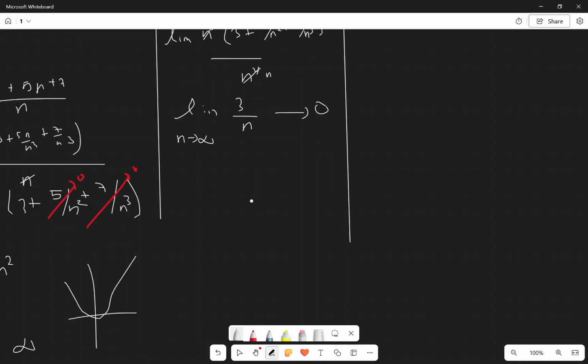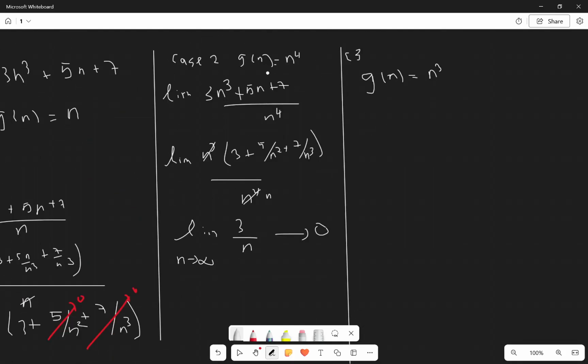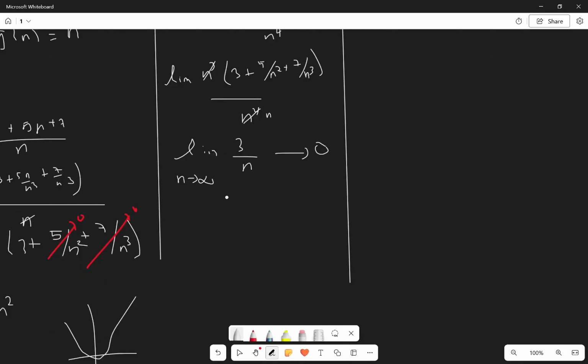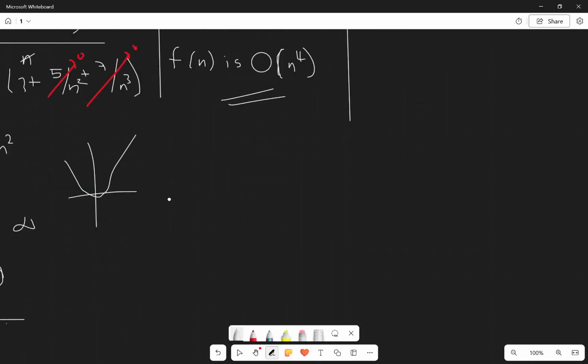If it goes to 0, that means the candidate g(n), which is this, acts as an upper boundary. So we can say f(n) is big O of n to the power 4. So here again, hope these two are clear.